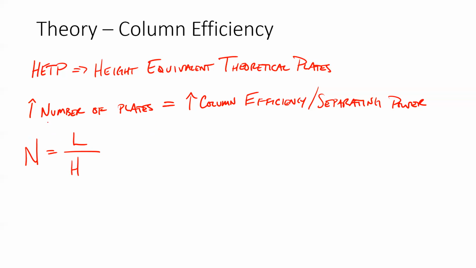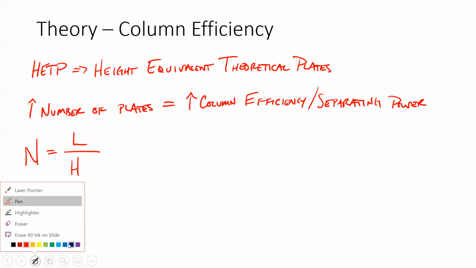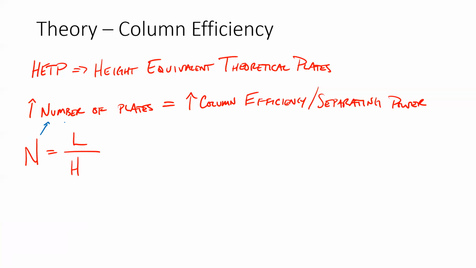So N is the number of plates, L is the column length, and H is the HETP that I talked about earlier.